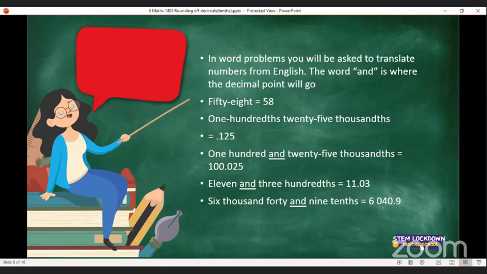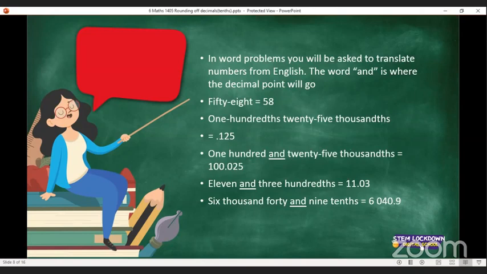Okay. So the last one is 6,040 and 9 tenths. So this is how you write it. You write the 6,000 and you write 40. Remember, there's no 6,040 because now we're dealing with decimals.